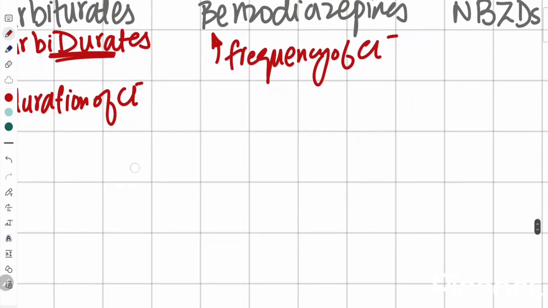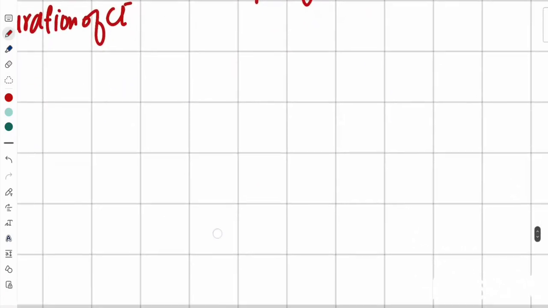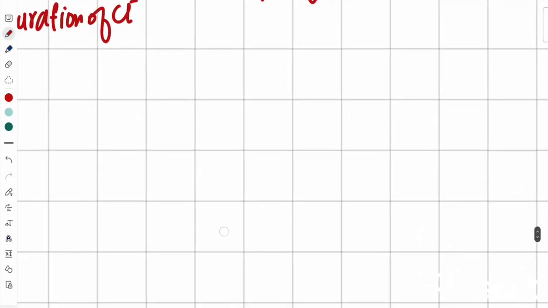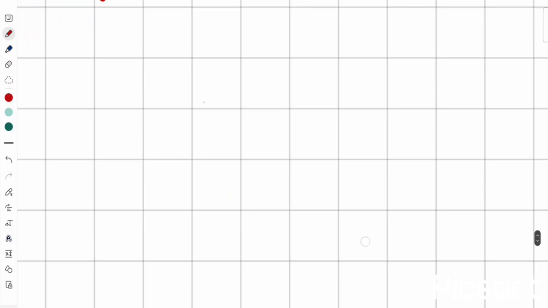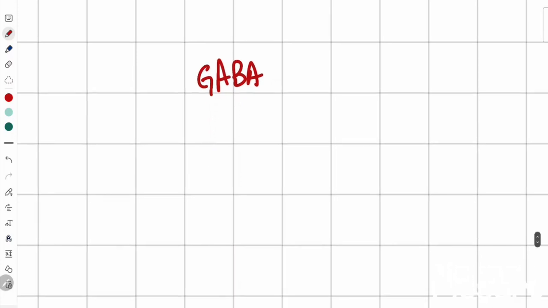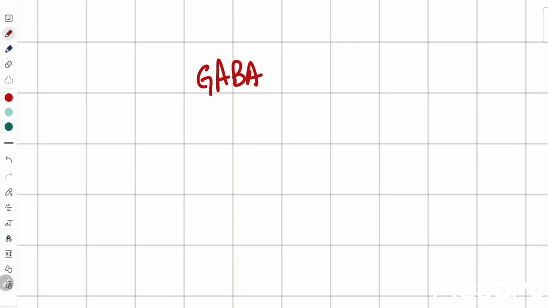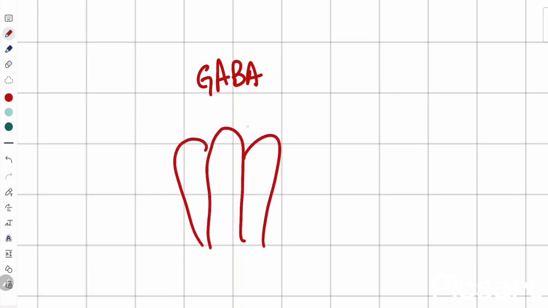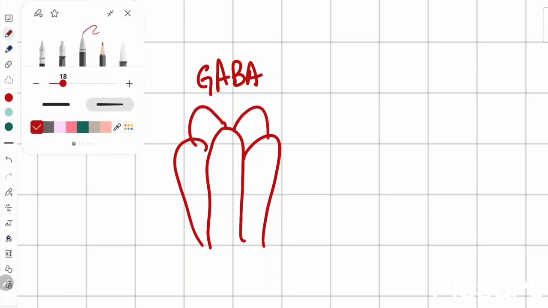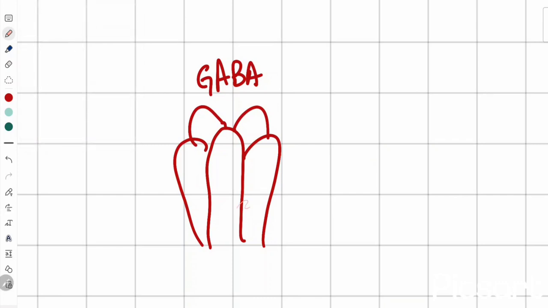So in order to know that, we are going to do a little drawing here. The GABA receptor that I talked about above is actually a pentameric receptor. Pentameric means it has 5 subunits. So I'm going to try to draw it out: 1, 2, 3, 4, and 5. These are the 5 subunits. Of course there are 2 alphas, 2 gammas, and 1 beta.